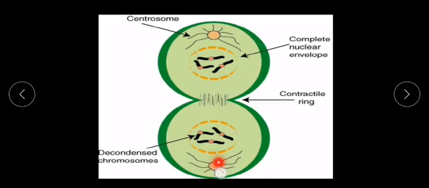Each daughter cell receives a centriole, and then cytokinesis is going to divide the parental cell into two daughter cells. So cytokinesis in animal cell occurs through this cleavage furrow or this infolding of the cell membrane, which grows from the periphery towards the center of the cell.